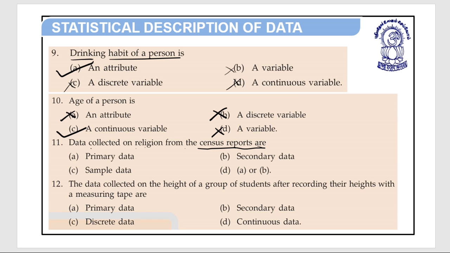If we collect the data for the first time and make a report, it is called primary data. So data collected on religion from the census reports are secondary data, not primary, not sample data, not option D. So option B is the right answer.